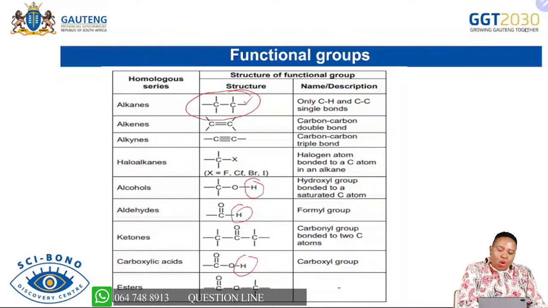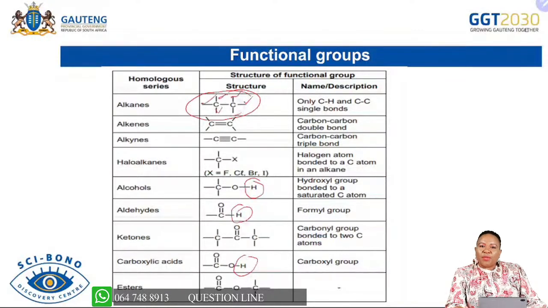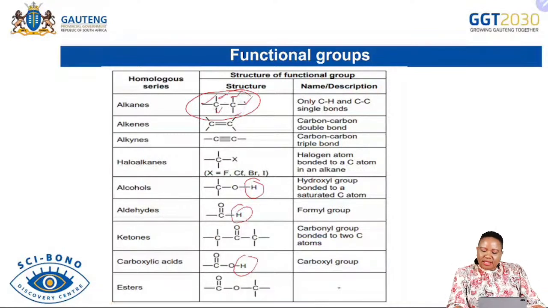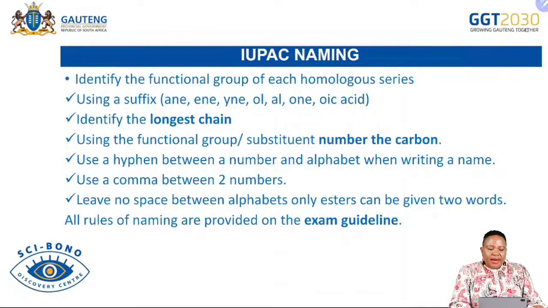And make sure that there are always 4 bonds around each carbon, whether you are drawing a structure or the structure of a functional group. And specific names, as I discussed on my previous slide, are given for some of the homologous series functional groups. Now, as you know, this is about naming, recalling the definitions, and explaining functional groups and their homologous series. Then we need to also remember how we do our IUPAC naming.